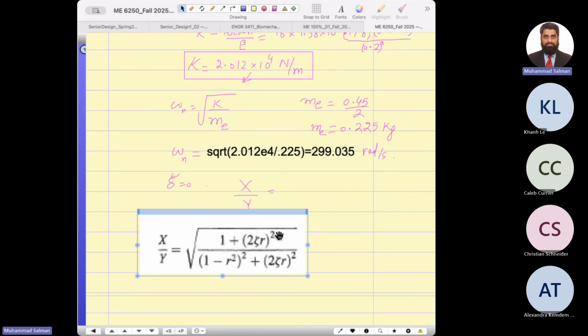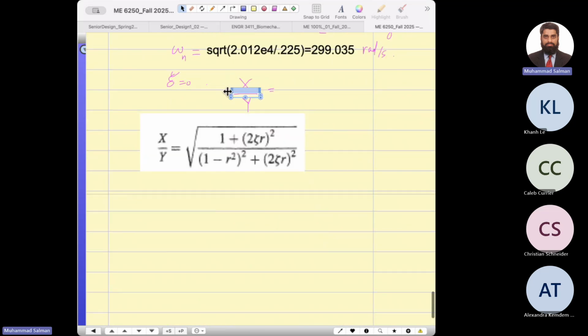And I'm going to show you what this transmissibility is. This is also known as the displacement transmissibility. If this is 0, this is 0. So you're left with 1 over, I would say keep it in mod, 1 minus r squared as an absolute value.